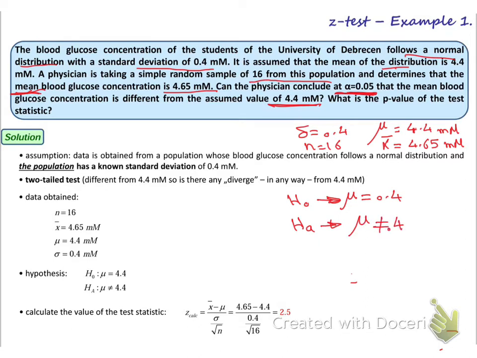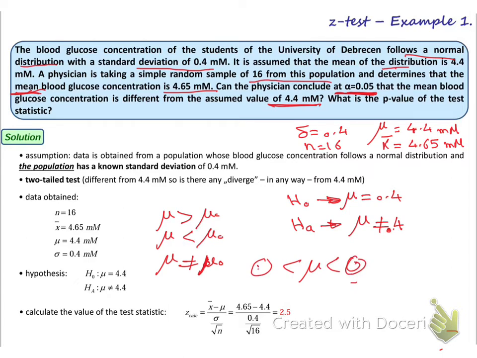As I explained in the previous video, I have three cases: mu greater than mu naught, or mu less than mu naught, or mu not equal. If mu is not equal to mu naught, this means that mu has two values, could be greater than something or less than something. So two distinct values, like here in the graph, it will have two areas.